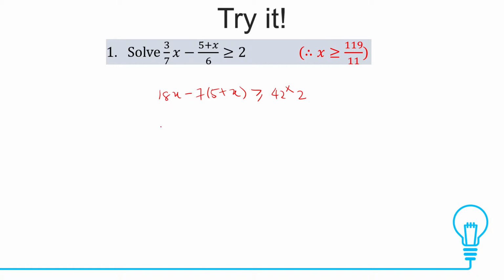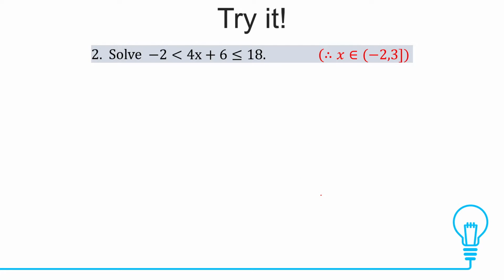The left hand side is 18x minus 35 minus 7x, greater than 84. Then we shift the constants to the right hand side and leave our x on the left hand side, so we have 11x greater than or equal to 84 plus 35, so we have x greater than or equal to 119 divided by 11.